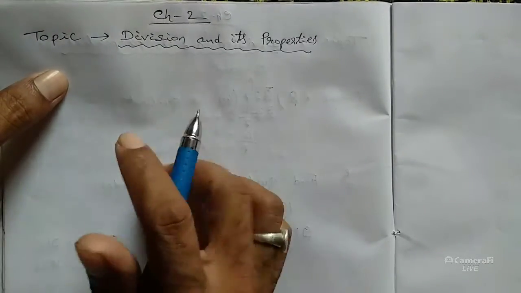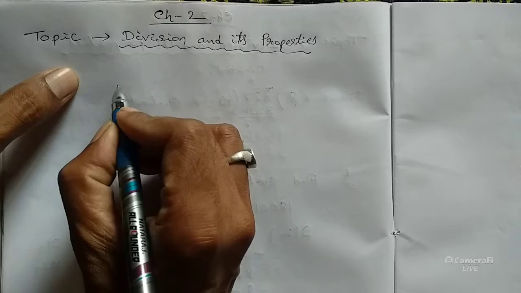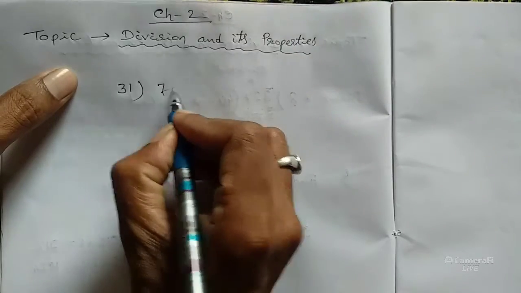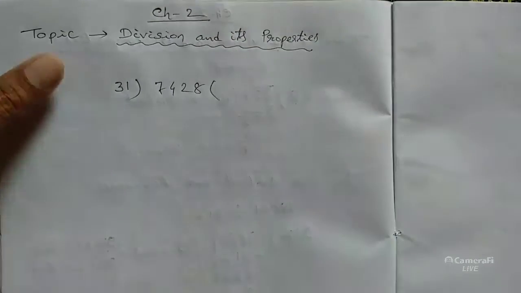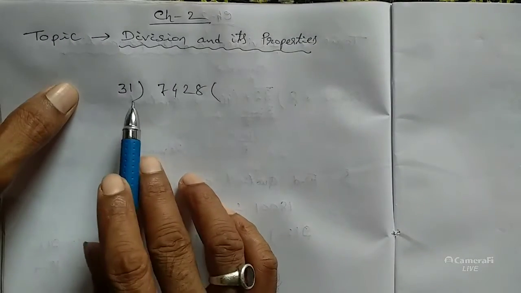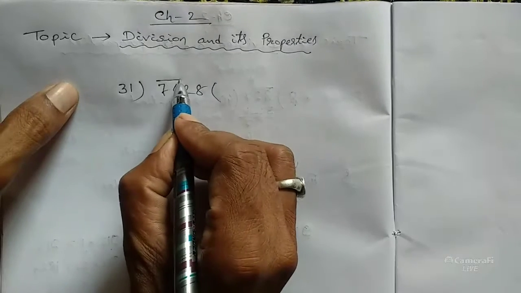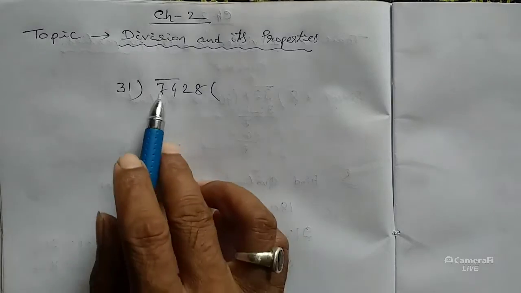Suppose in a division we are dividing a number by 31, and the number is 7428. Then how can we divide it? We have to go through the table of 31. First check in the number 7428, let us take the first two digits, 74, and 74 is greater than 31.